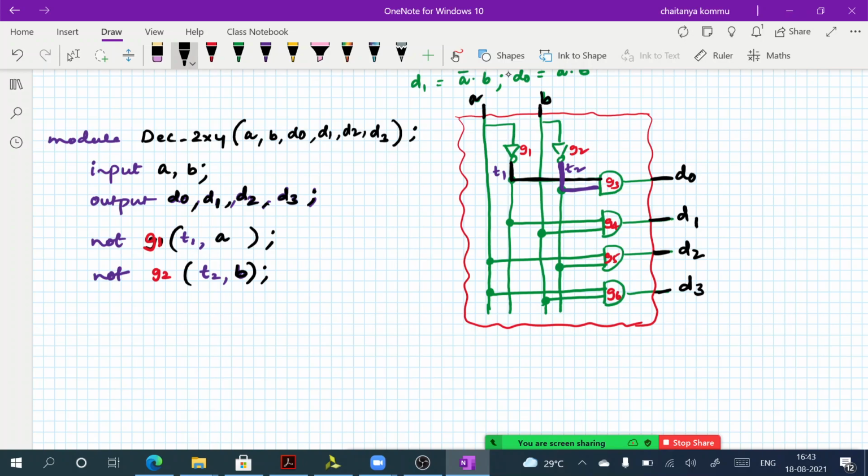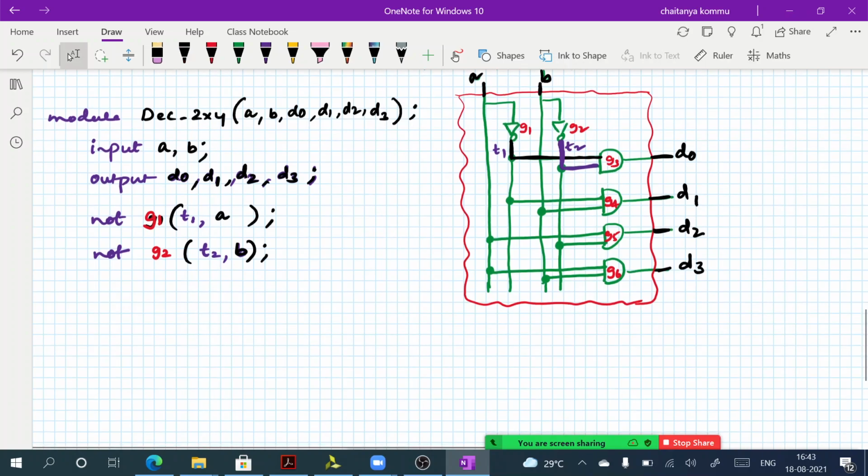What is the next one? AND gate. I use G3. What is the output for this one? The output is directly available, D0. What is the input for that one? T1 comma T2.